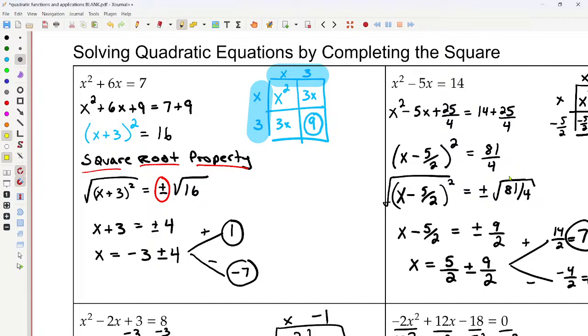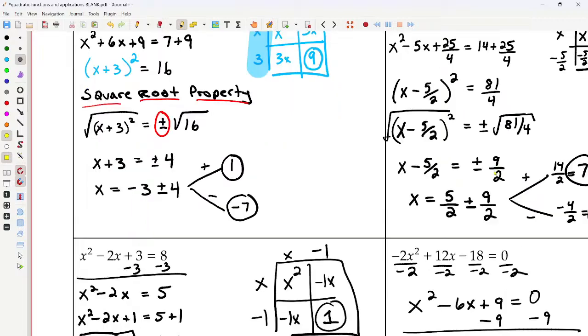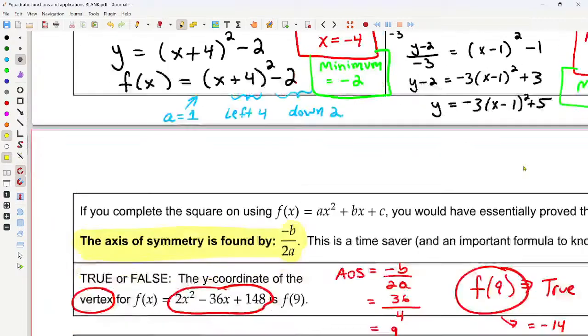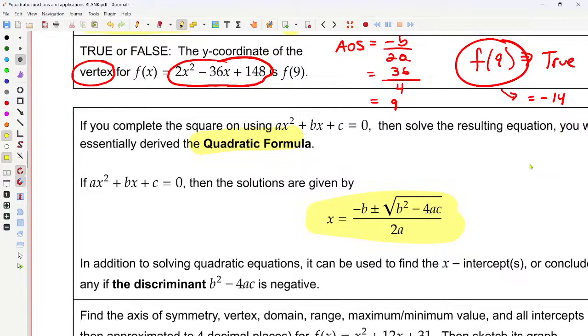And that's the story I'm trying to tell. Completing the square is the proof. If you've heard that word in geometry, you prove things. Well, completing the square is the proof of why negative b over 2a gives you the x of the vertex. And completing the square is the proof of the quadratic formula.